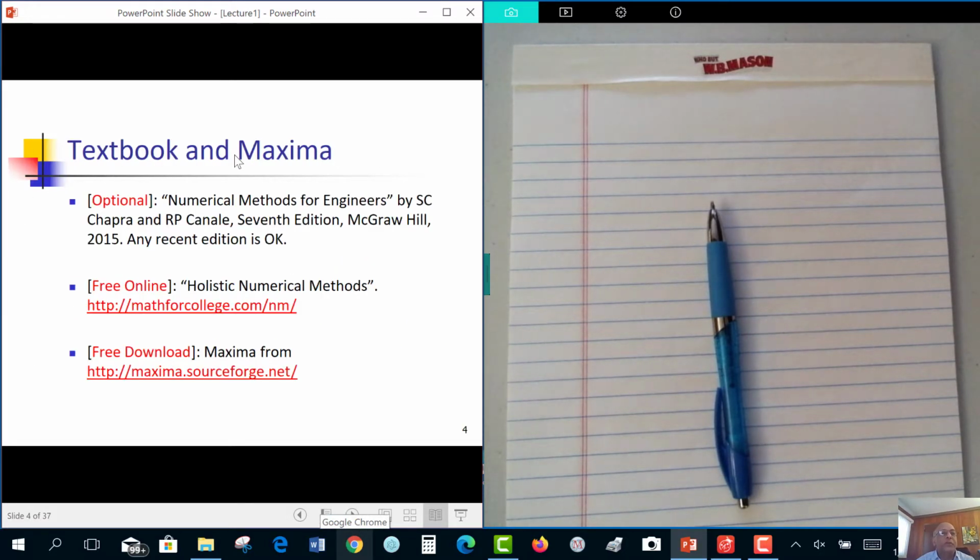There is no required textbook for this course, but if you really want to have a textbook, you can go to the library or buy it online. This book, Numerical Methods for Engineers by Chapra and Canale. The edition I have is 7th edition, but any recent edition is okay.